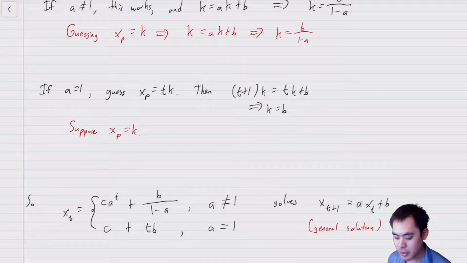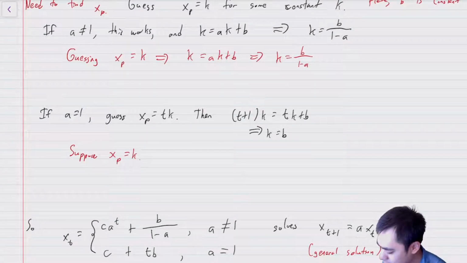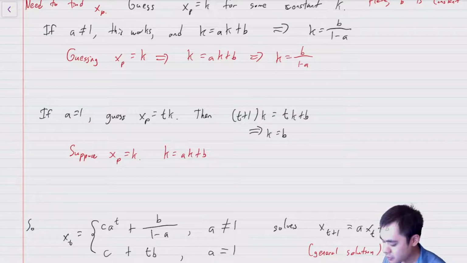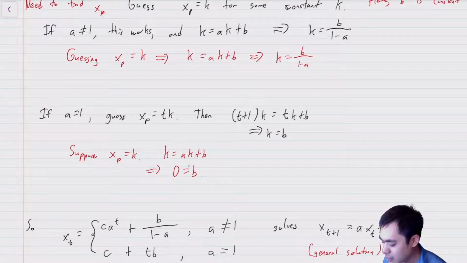Well, what goes wrong here? When you plug that in, you end up getting that k is equal to ak plus b. But a is equal to 1, so this implies that 0 is equal to b, which is a contradiction if b is not equal to 0.